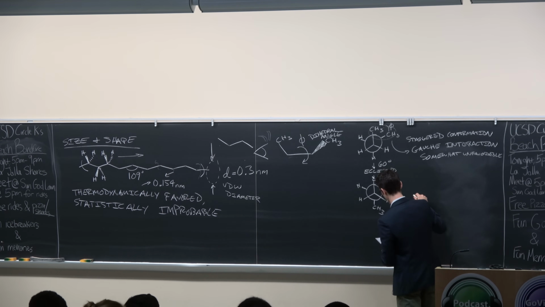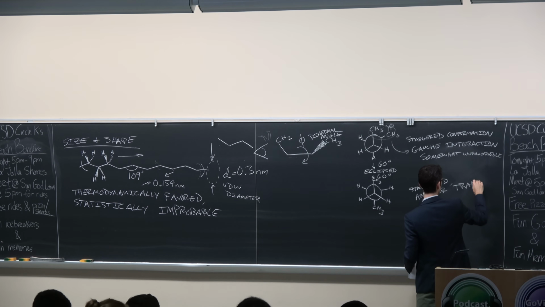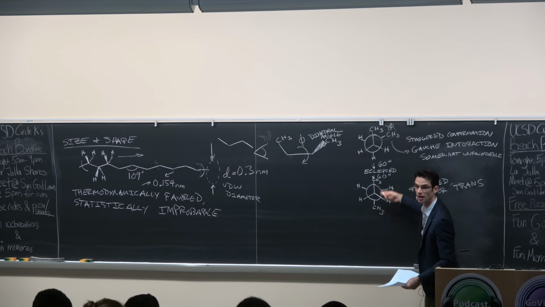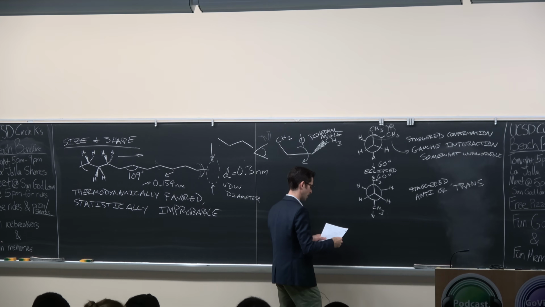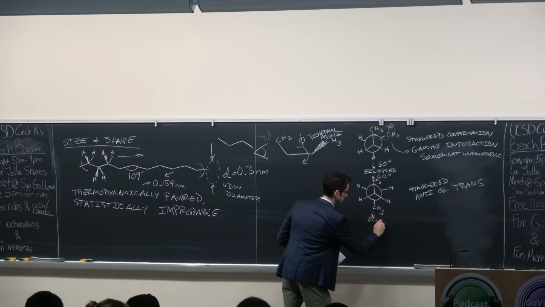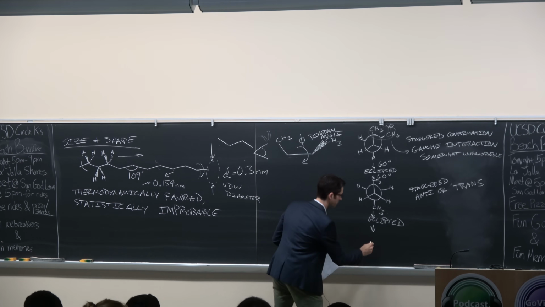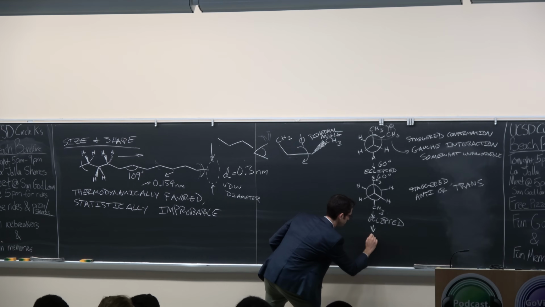This is also staggered. And this one is called anti, or sometimes it's called trans because they're opposite from each other. Then we have another eclipsed conformation, and finally we have another staggered gauche conformation.